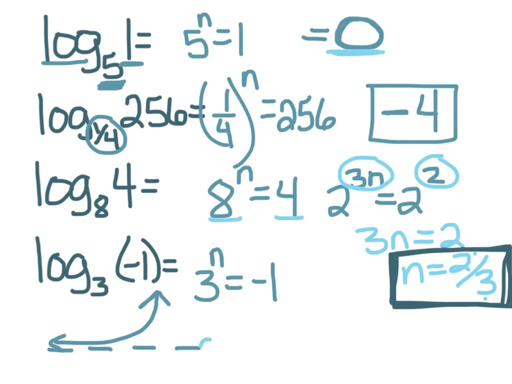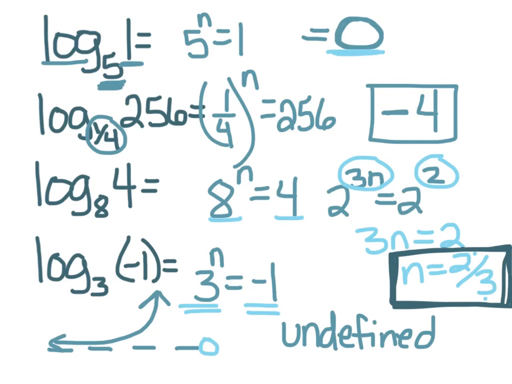So if that's at 0, will it ever equal negative 1? And the answer is no. That 3 to the n power will never cross negative 1. So this is not possible. We have a whole bunch of logarithms that are undefined because they just can't happen.